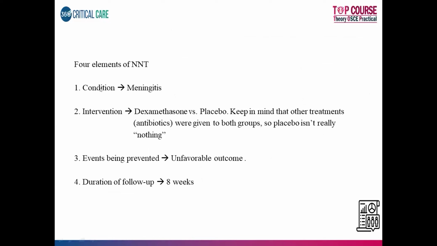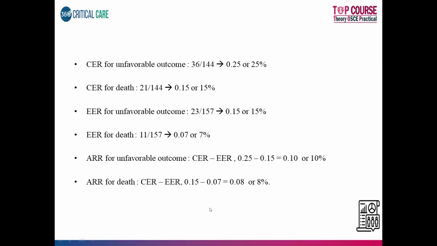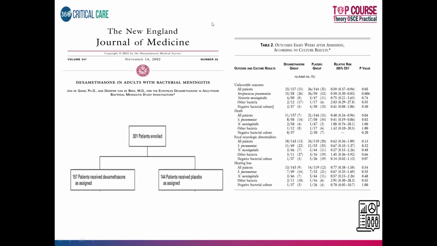So basically now we have to think of 4 things. What was the condition? It is meningitis. What is the intervention? Dexamethasone versus placebo. What was the event being prevented? Unfavorable outcome. And the duration was up to 8 weeks in this study. Now, as I told, you have to calculate the control event rate for unfavorable outcome and the control event rate for death. Control is the placebo group.